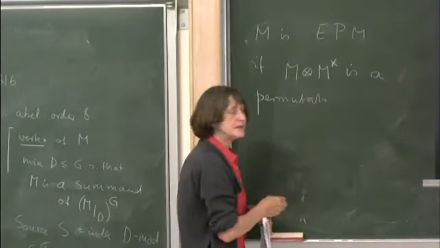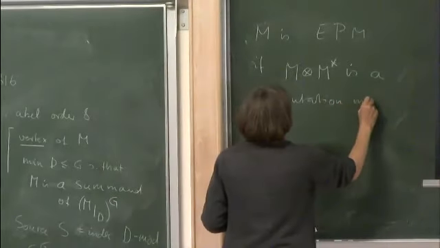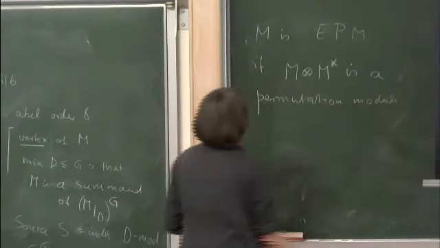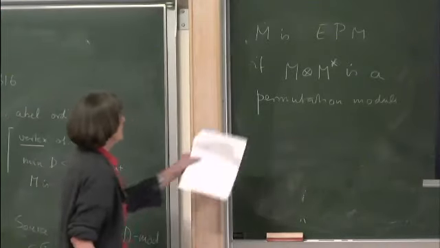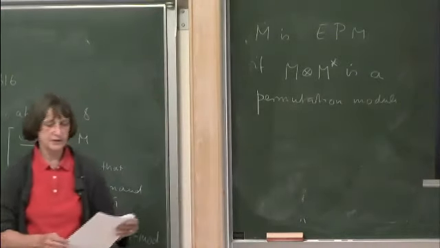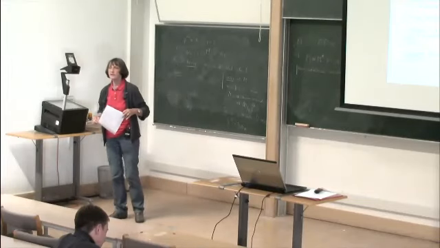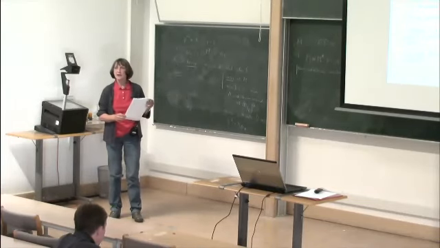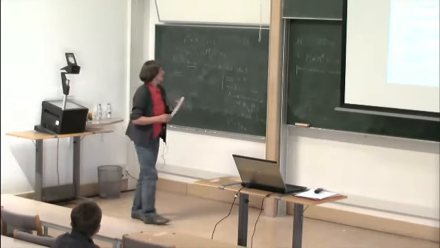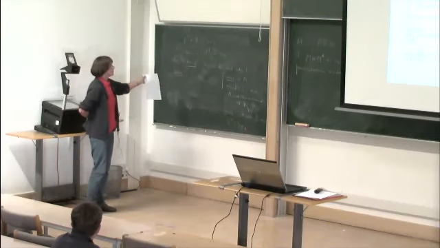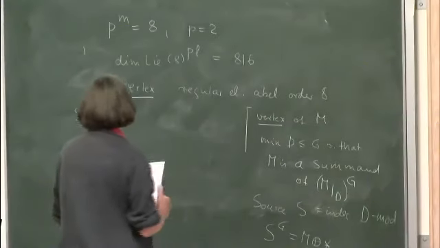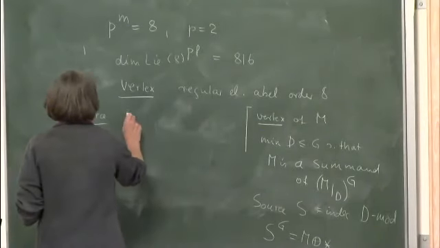Well, it doesn't quite tell you why it's called endopermutation module, but M tensor M star is isomorphic to the K endomorphism ring of M, a permutation module for the whole group. Well, of course, you can define it in general, but here you would look for p-groups. And so the source in that case is an endopermutation module.